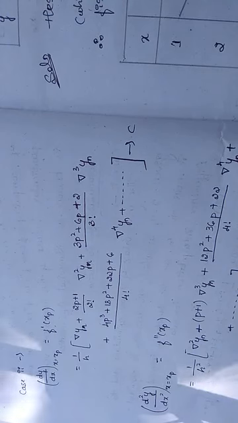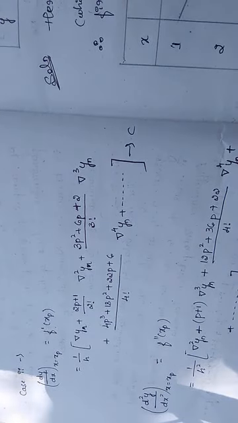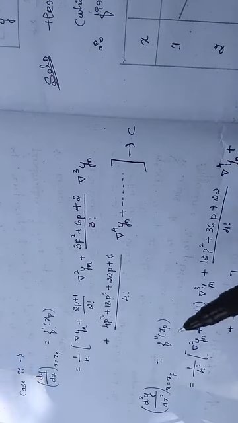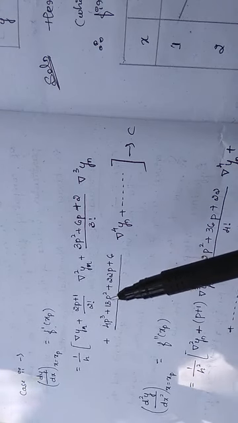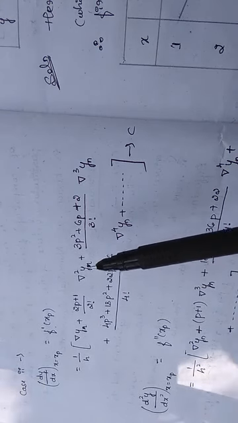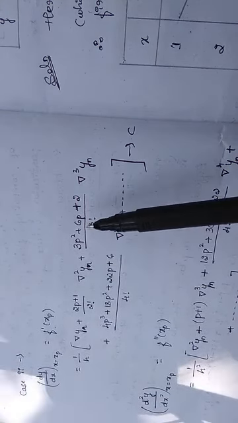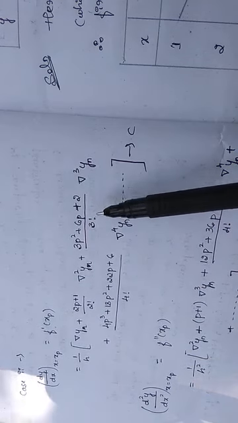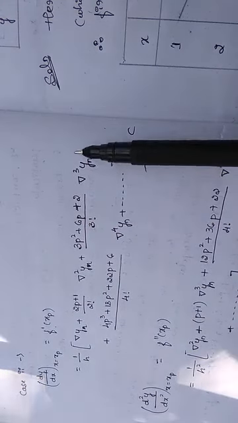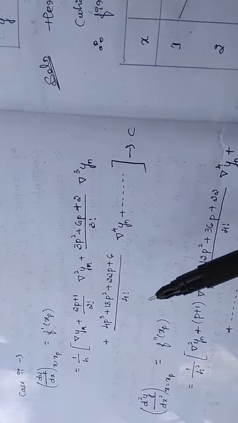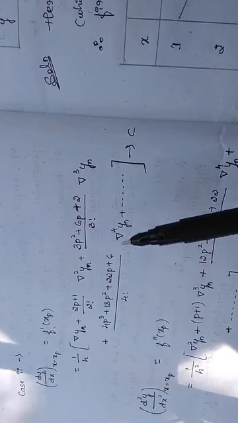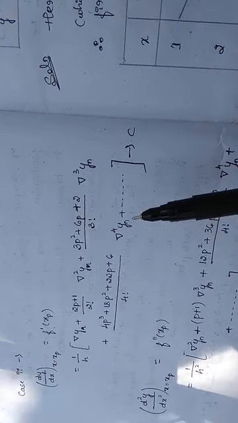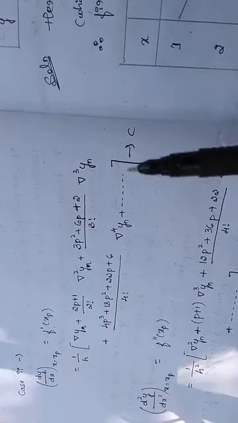The formula is dy by dx at x equals xp, that equals f dash of xp, that is 1 by h into del yn plus 2p plus 1 divided by 2 factorial into del square yn plus 3p square plus 6p plus 2 divided by 3 factorial into del cube yn plus 4p cube plus 18p square plus 22p plus 6 divided by 4 factorial into del to the power 4 yn plus so on. Let it be equation C.